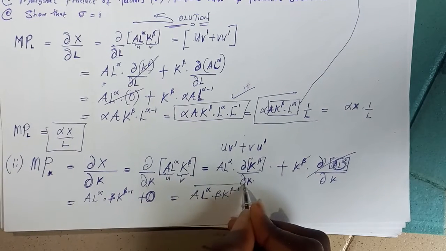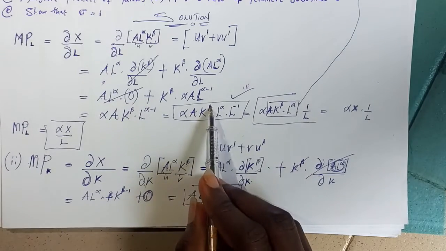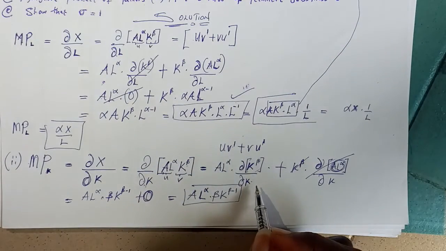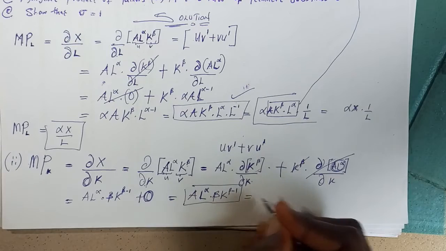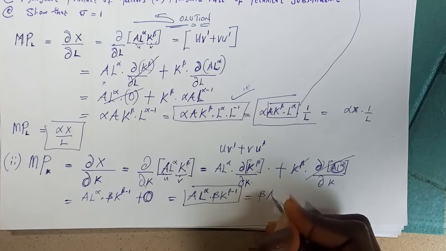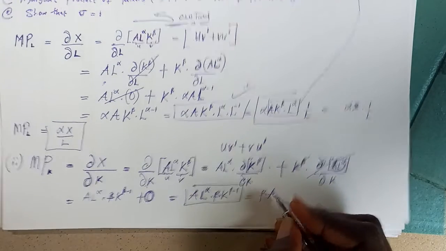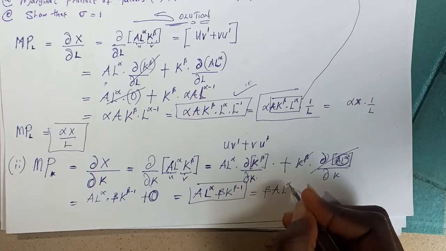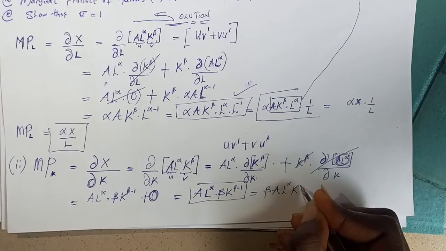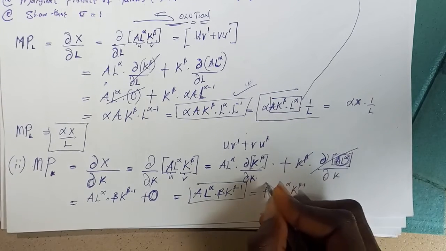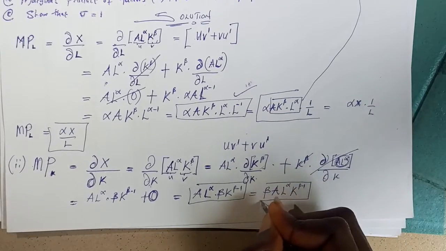So this is what we have. Similarly, I can write this as beta A, then I have L raised to the power of alpha K raised to the power of beta minus 1.